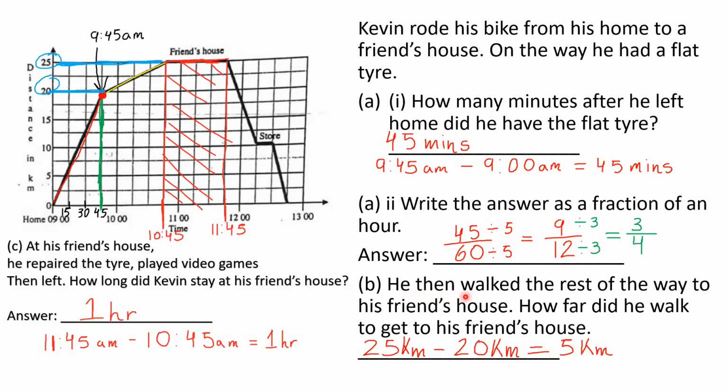For number B, he then walked the rest of the way to his friend's house. How far did he walk to get to his friend's house? We have to look at the walking part in the chart.